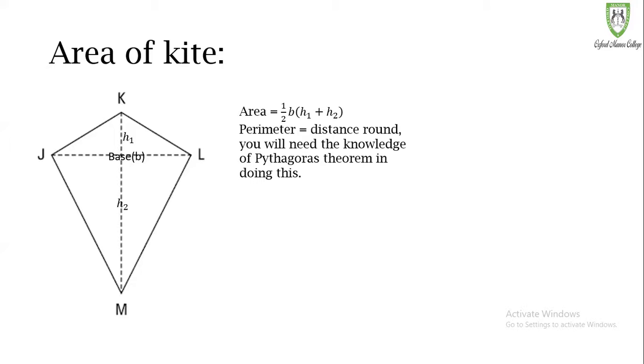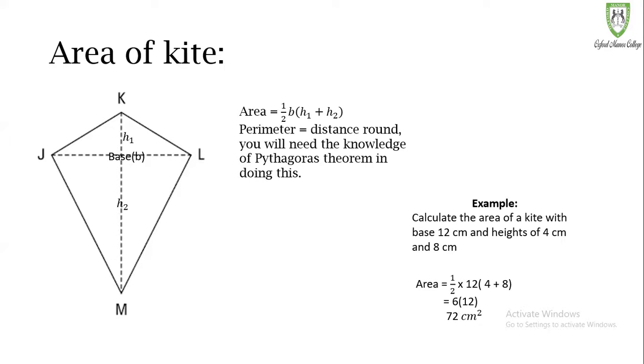So you sum up height 1 and height 2, you multiply it by the base, you divide the answer by 2. Remember, perimeter is the distance round a shape. And before you can find the perimeter of a kite, you need the knowledge of Pythagoras theorem. But we are not doing that now.